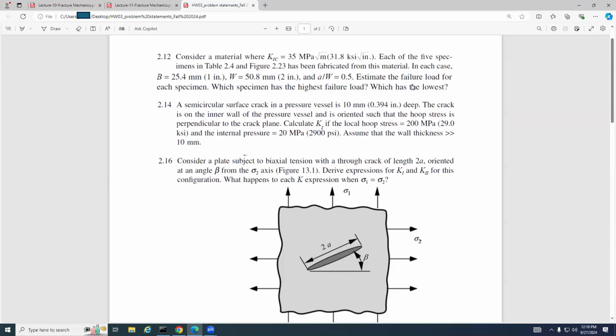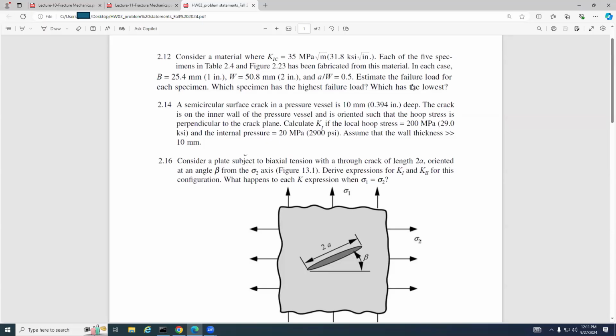K_I equals lambda_S times (sigma plus P, the internal pressure) times the square root of pi A over Q, and f(phi). So this is lambda_S.